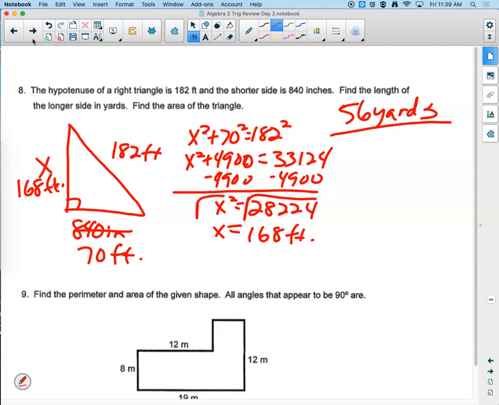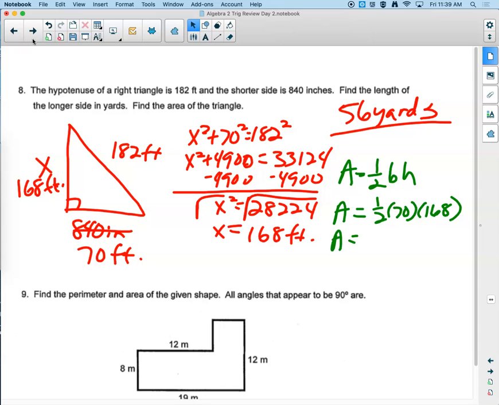So, formula for the area of a triangle. 1/2 base times height. And our base here is 70, and our height is 168. So let's see what that comes out to be in square feet here.